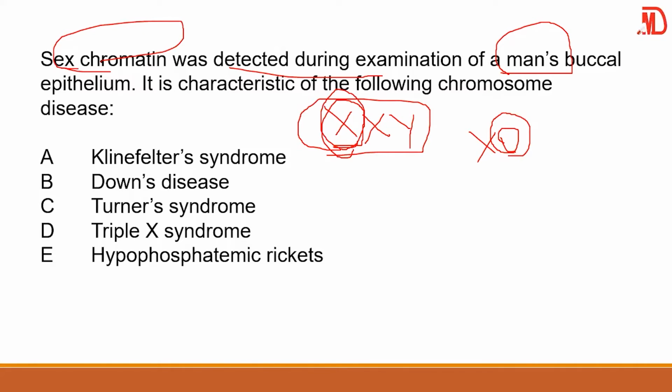So we are looking at this person having 2 Barr bodies, an extra Barr body. So over here, we have XXY, and that's Klinefelter syndrome. Down is 21. Turner is XO that I just wrote over here. Then triple X is, of course, as the name implies, triple X. All right. So the answer is A.